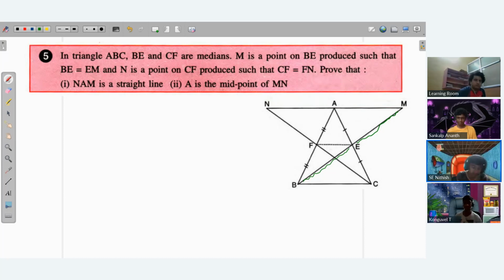So don't draw anything. What is the drawing, sir?